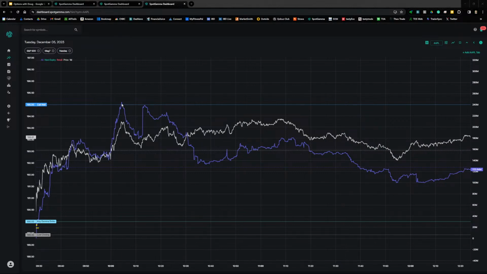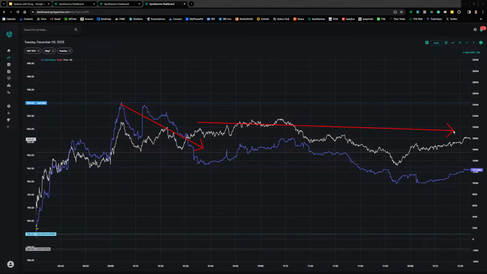Options traders take their foot off the gas and price consolidates and/or moves lower. So in this case, this would be a very good opportunity to either buy a put spread or sell a call spread.